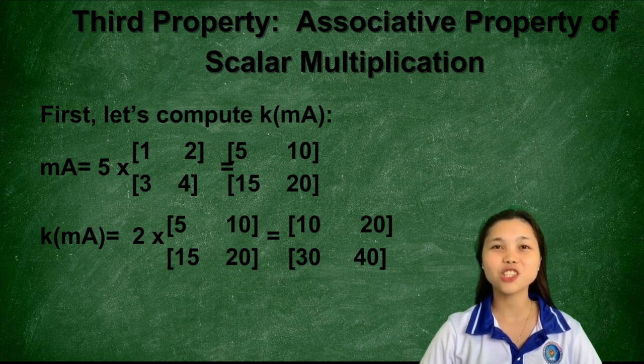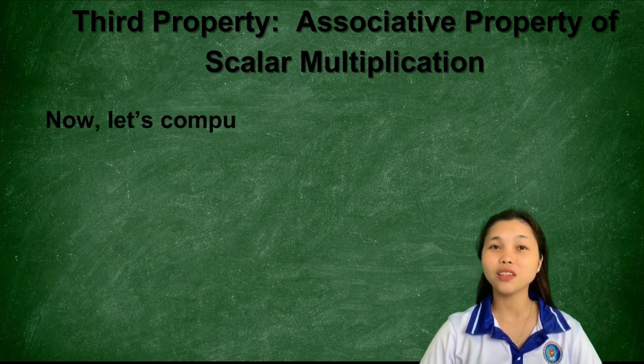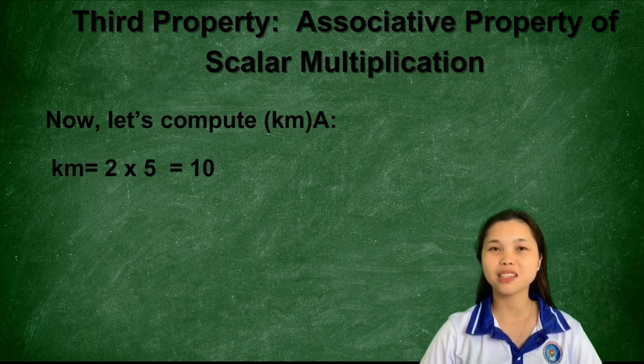Now, let's try the other side of the equation. The quantity of k times m times A. First, multiply the scalars, which are 2 times 5 is equal to 10.